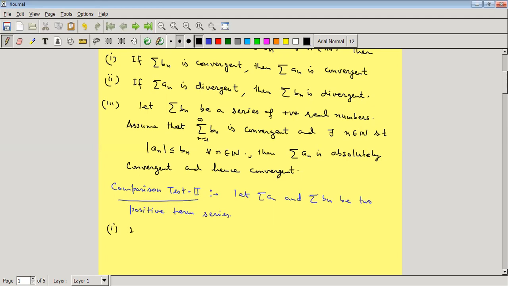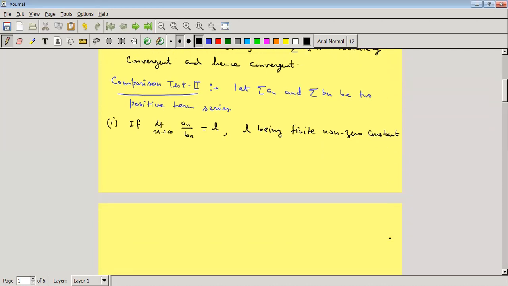So if the limit as n goes to infinity of an upon bn is equal to some number L, where L is a finite non-zero constant or real number, then the series summation an and summation bn both converge or diverge together.